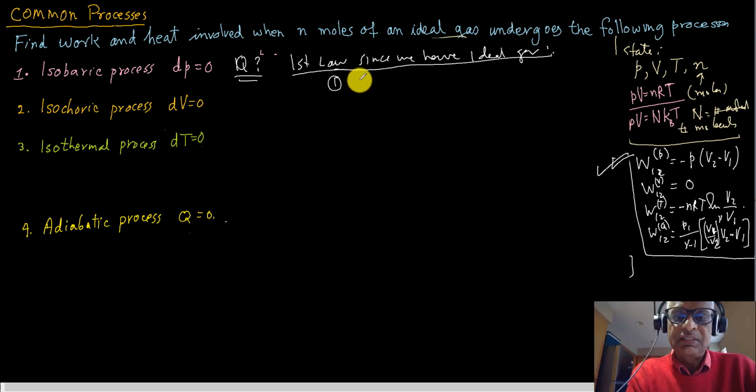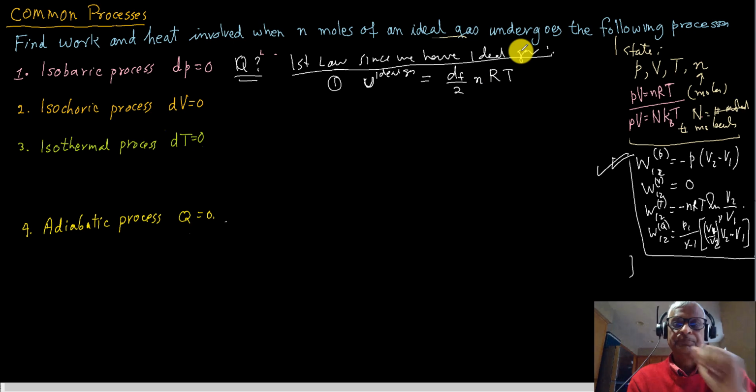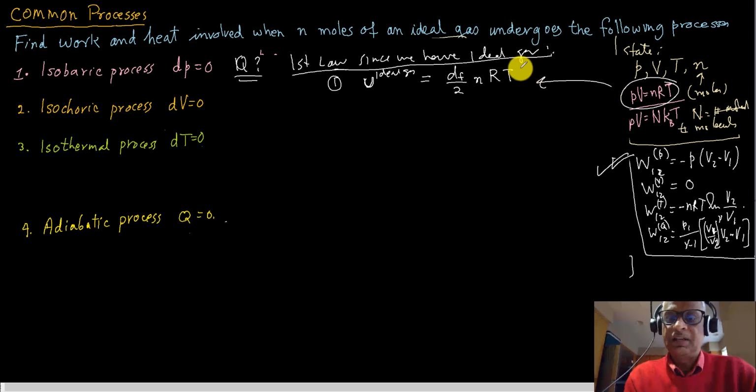In terms of the first law, one thing to notice is that U for an ideal gas simply depends on degrees of freedom over 2 times nRT for any state. You can put in there degrees of freedom over 2 times PV.